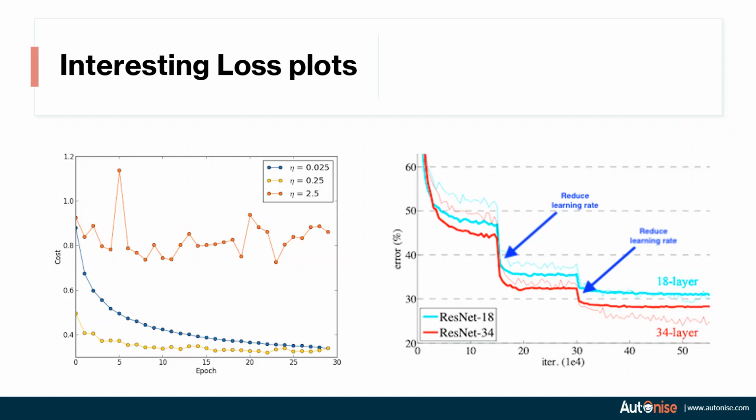What people usually do is they start with a large learning rate, which is let's say 0.25, not very large like 2.5, but in between. So we take 0.25. After 5 epochs or so, we'll change the learning rate to 0.025.